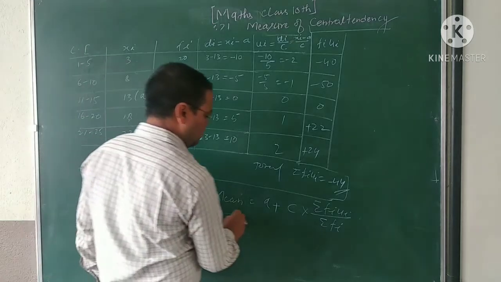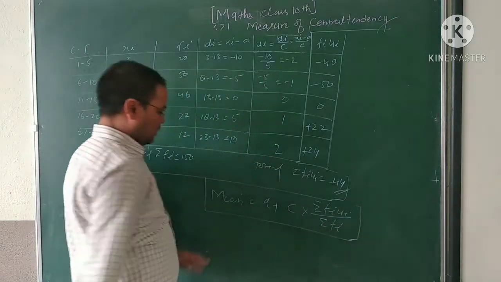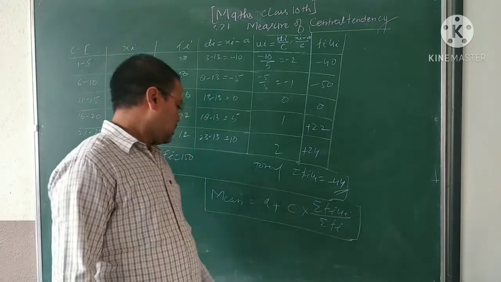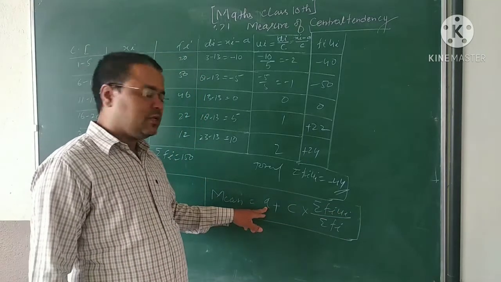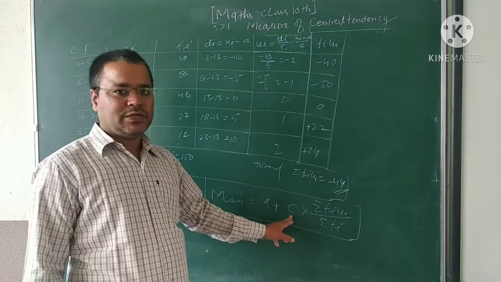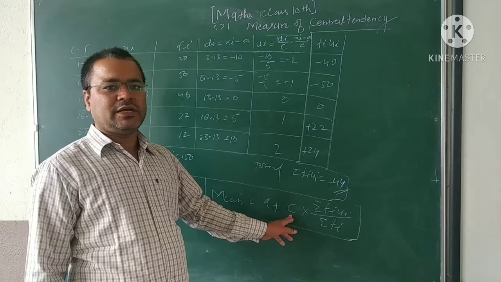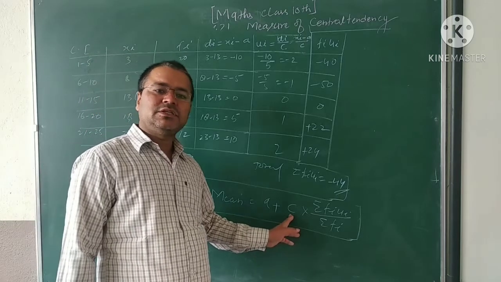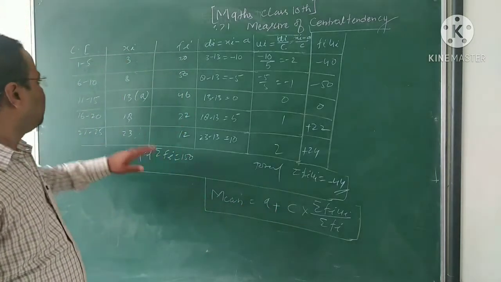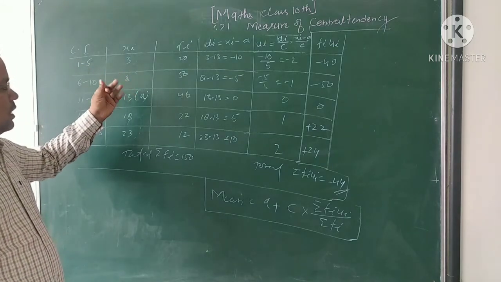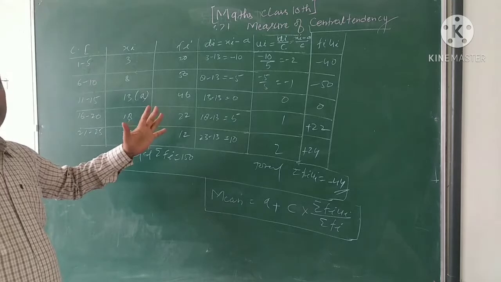Mean is equal to A plus C into sigma FiUi upon sigma Fi, where A is the assumed mean, C is the width of the class. Remember, if the interval is continuous, then L2 minus L1, and if it is not continuous, then you have to understand like this. 1 is included, 2, 3, 4, 5 is included, therefore the width will be 5.